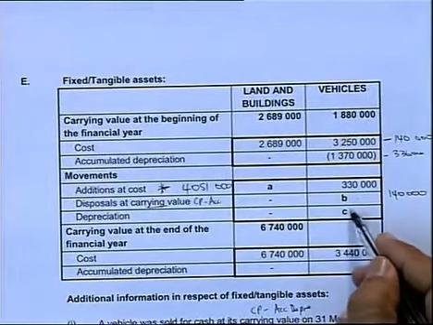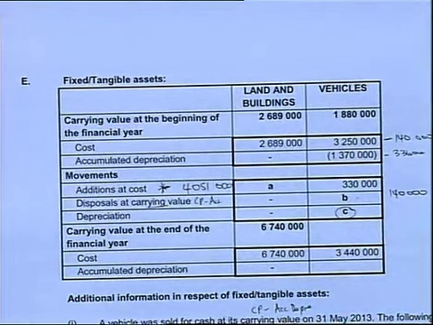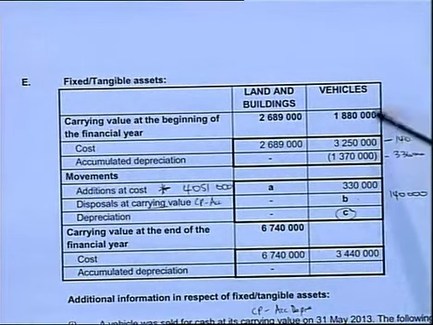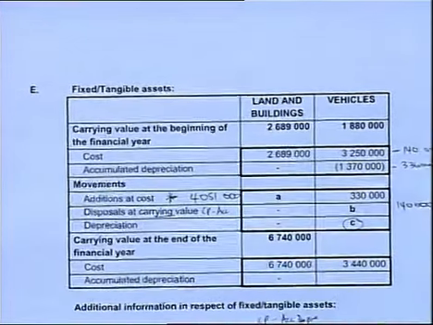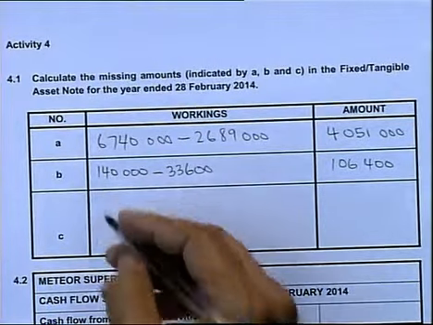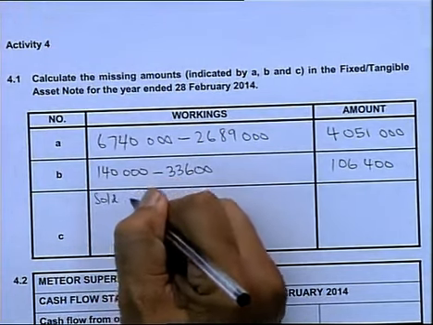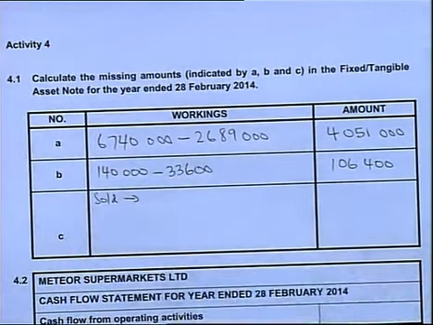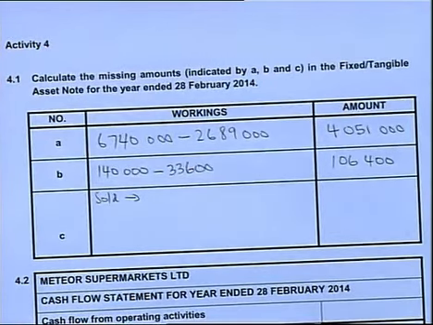That's the letter C. So we're going to have depreciation on old vehicles, depreciation on a vehicle that was sold, and depreciation on a new vehicle. So for the depreciation on the vehicle sold, that information you will get in your fixed asset register.